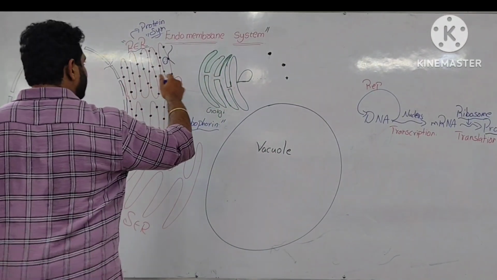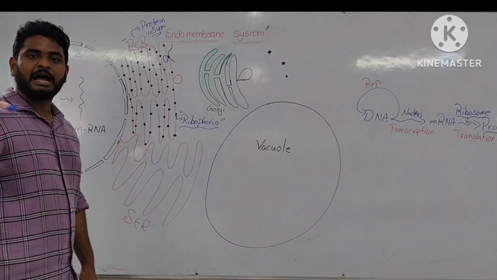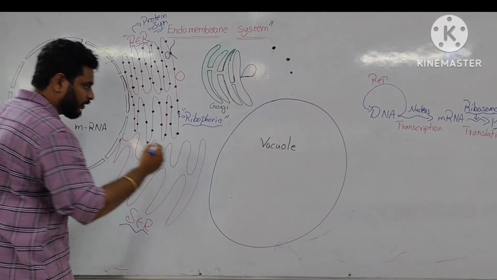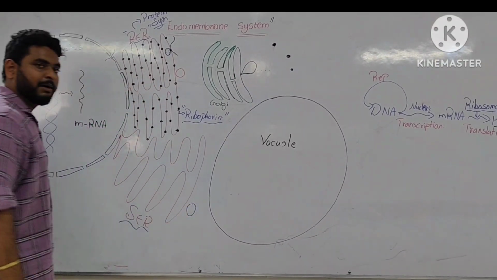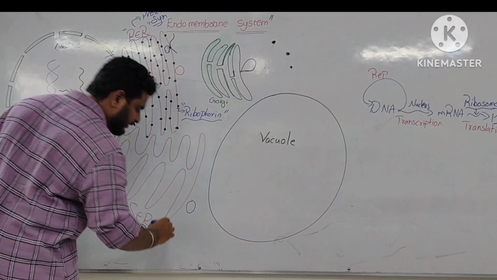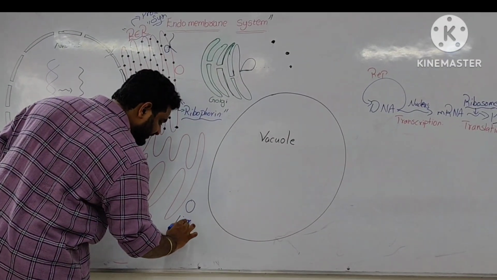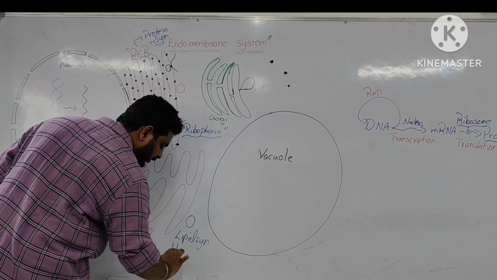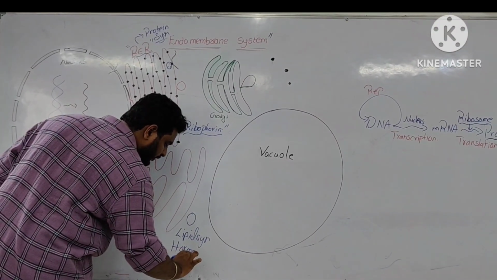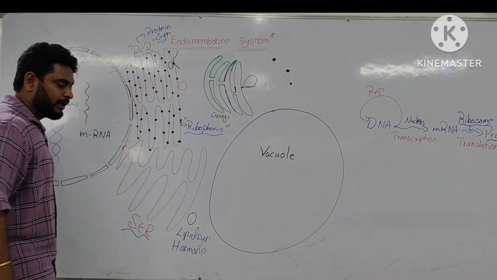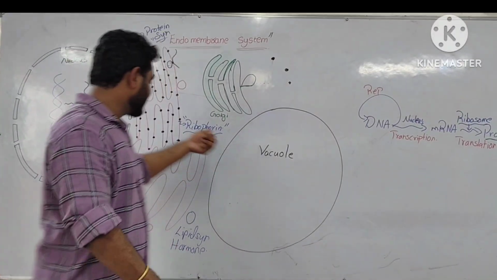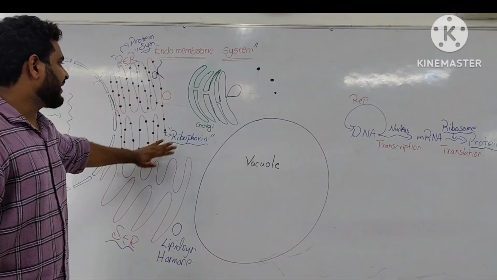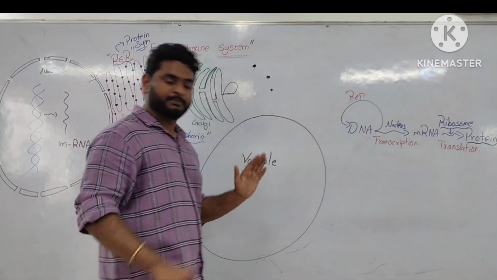Remember, rough endoplasmic reticulum will perform protein synthesis, and smooth endoplasmic reticulum, the so-called SER, also produces some vesicles, but these vesicles are important for lipid synthesis and hormone synthesis. Lipid and hormone biosynthesis happens in smooth endoplasmic reticulum. Protein synthesis happens in rough endoplasmic reticulum.